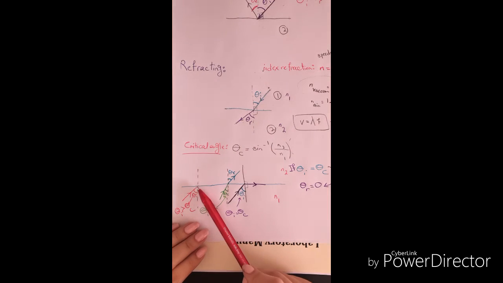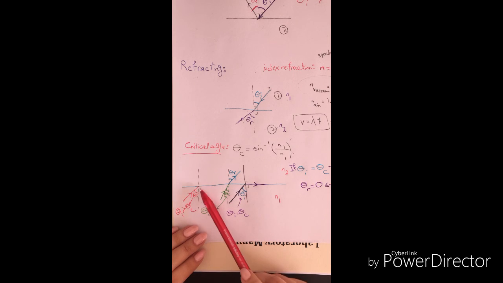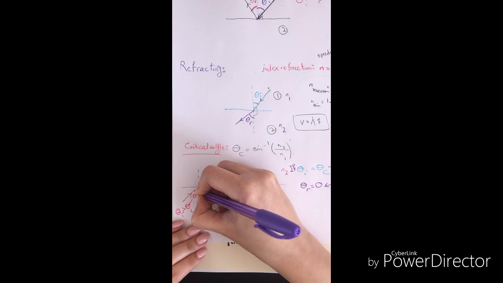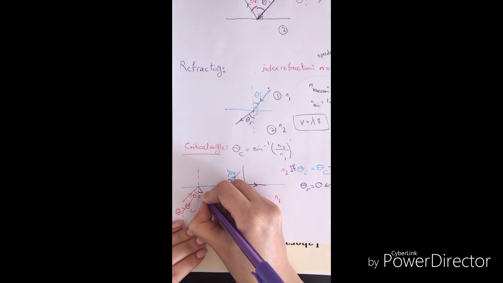In that case, it will not be refracted from the surface, it will be reflected from the surface like this. And this would be theta r.